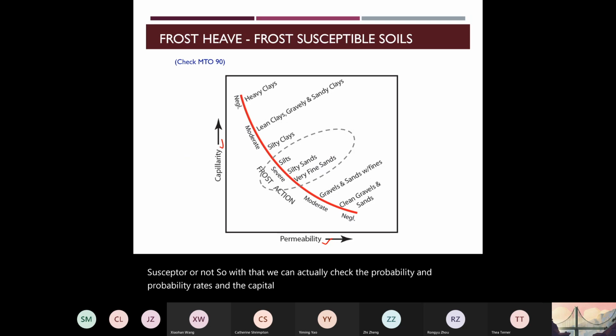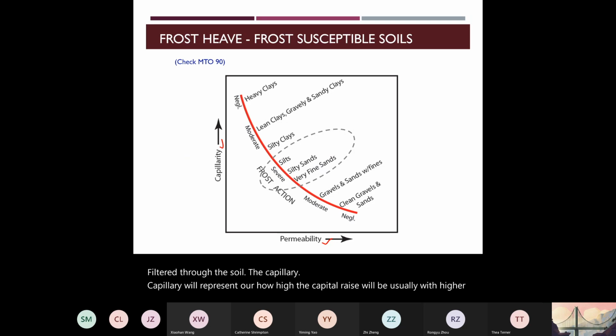The permeability represents how easily the water can filter through the soil. The capillarity will represent how high the capillary rise will be. Usually, with higher permeability, the capillarity will be smaller.